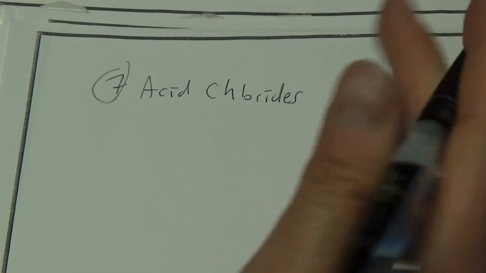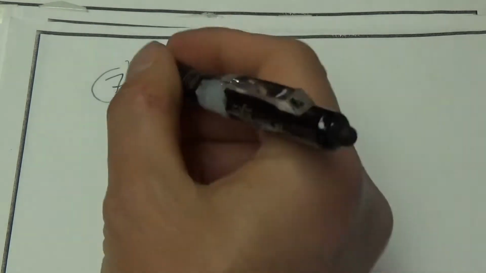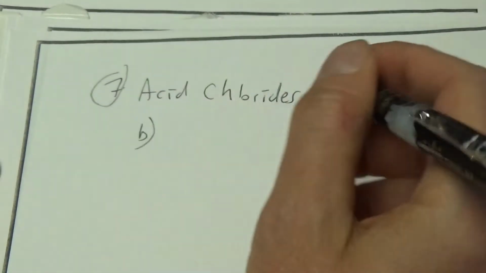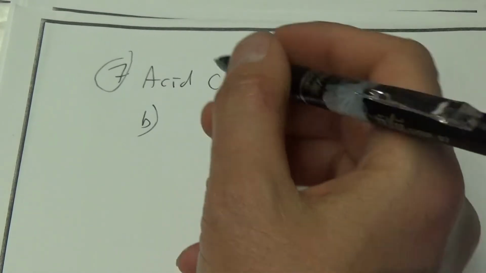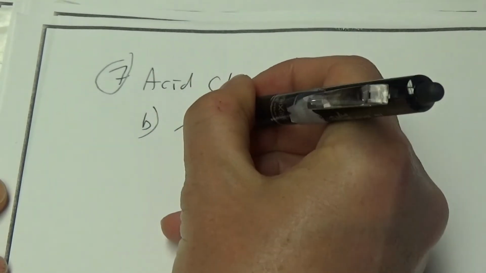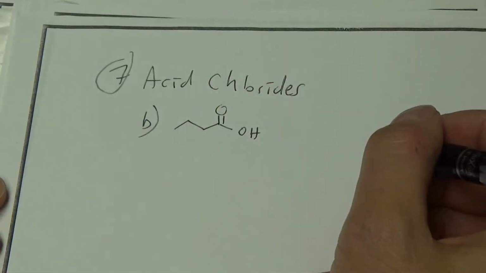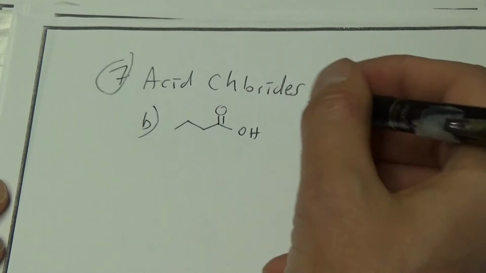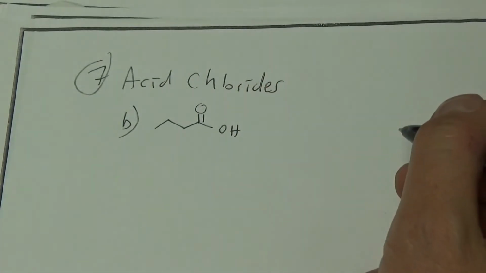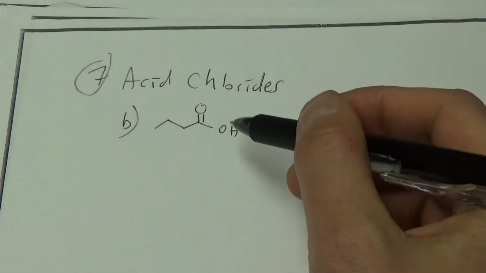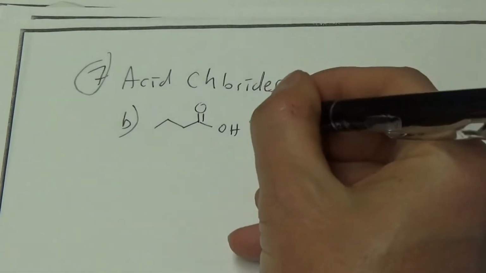Okay, so now we know how to make acid chlorides, the SOCl2 reaction. Let's do some of the reactions of acid chlorides. One of the things you can do is react acid chlorides with carboxylic acids and make anhydrides. Well, let's first make an acid chloride of this guy.